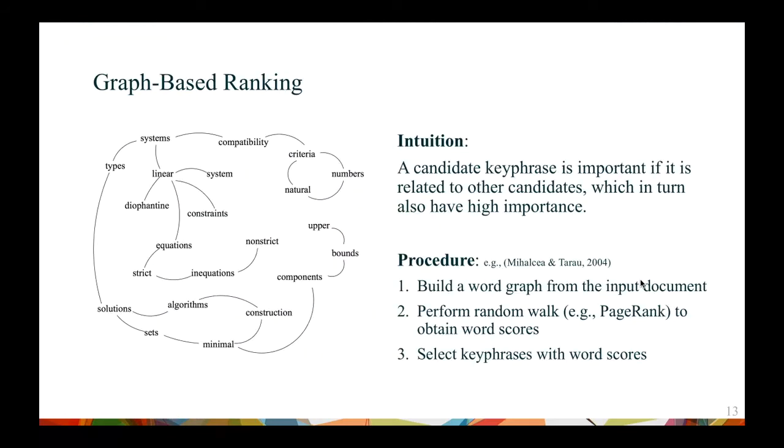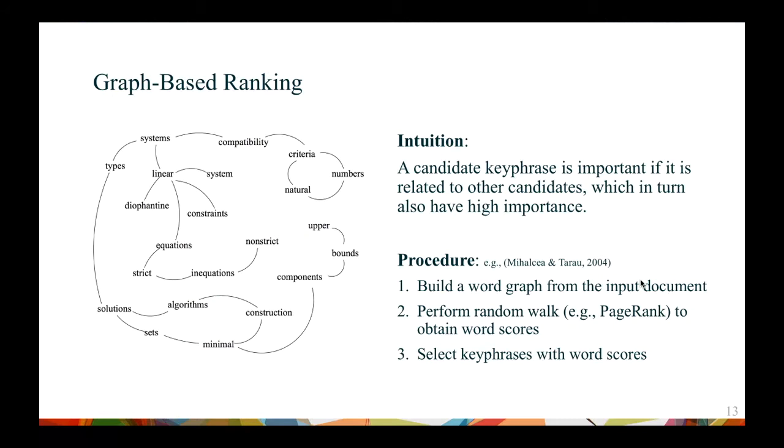So in a graph-based approach, this is basically the underlying idea. The assumption made here is that a candidate key phrase is important if it is related to other candidates which are also important.